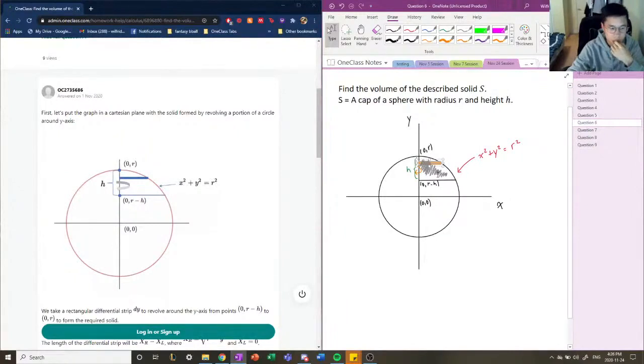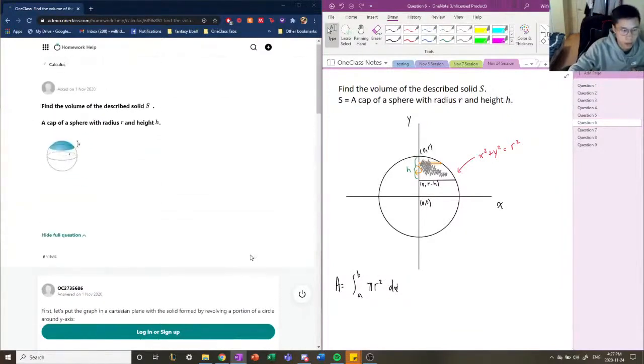I'm going to write out the disk method now, and it'll make more sense. The volume of our described solid S is equivalent to the integral from b to a of pi r squared, the area of the cross-sectional circles of this cap, in terms of dx.